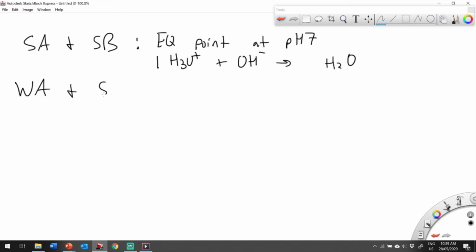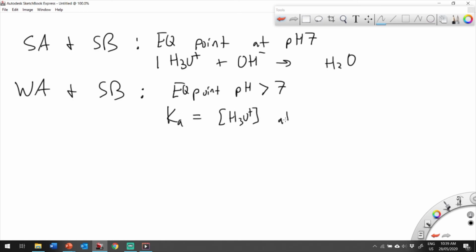Weak acid strong base titrations: the equivalence point pH will be greater than 7. You can calculate the Ka as equivalent to the concentration of hydronium at the half equivalence point.